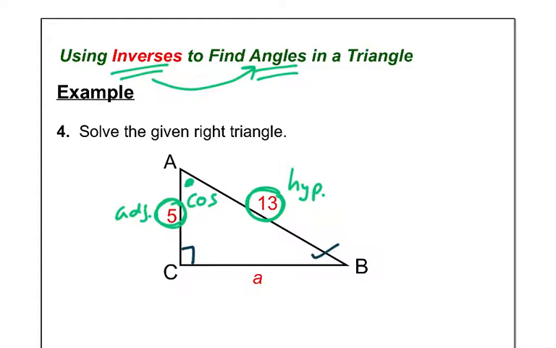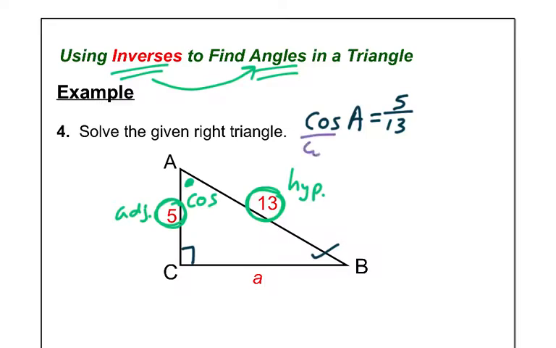But watch, I don't know what angle A is, so here's how I'm going to write it. I'm going to say cosine of angle A, which I don't know, so I'll just leave it as angle A, equals, ready? How about SOHCAHTOA? Adjacent over hypotenuse. So the only variable that you're solving here, folks, is the angle A. Great. Now, the only way to get that A by itself is to somehow get rid of the cos.